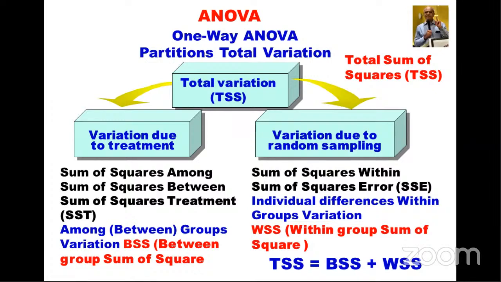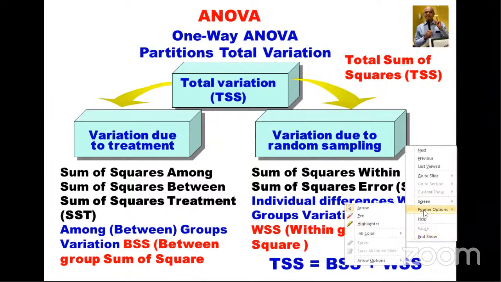If we give product A or sample A or whatever, there will be variation between untreated and treated. That variation comes under BSS, between group sum of squares. In software and in books, they write it as BSS. TSS is the total variation.